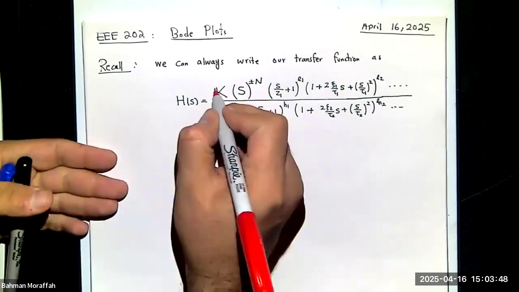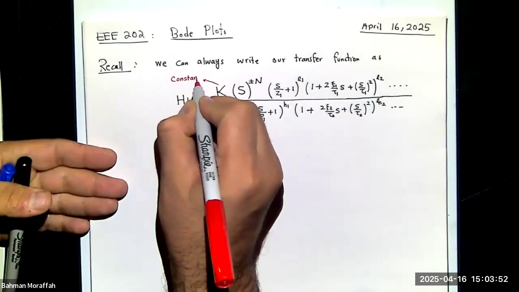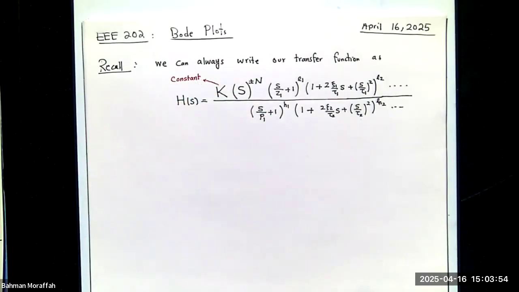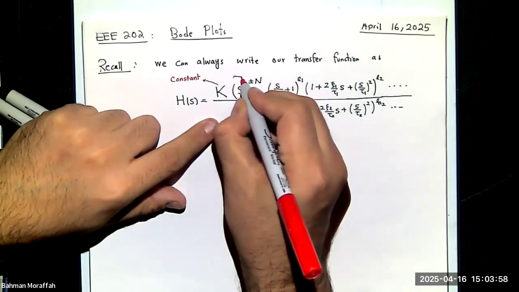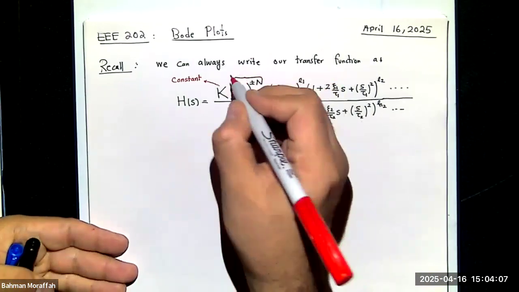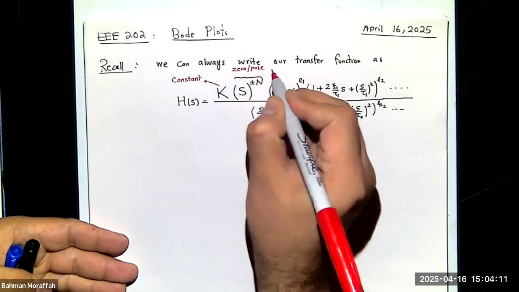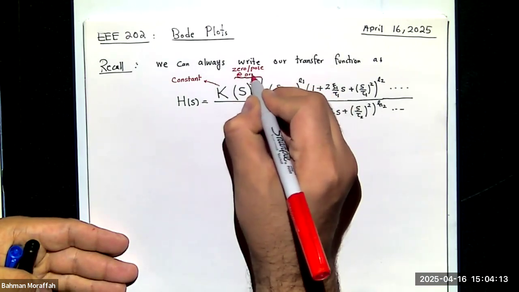First of all, this is some constant. If I'm able to decompose it this way, this term over here tells me if I have a zero or pole at the origin.